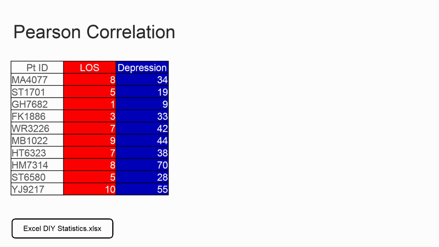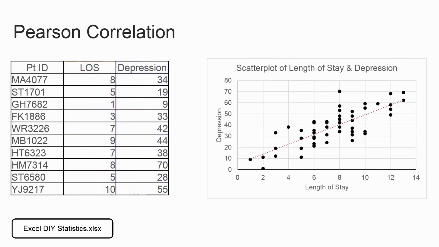In addition to inspecting the numerical results for a Pearson correlation, it's traditional to produce a scatter plot to visualize the relationship between the two variables. The points on the scatter plot represent the two scores gathered from each participant. For example, patient MA4077 has 1 point on the scatter plot.